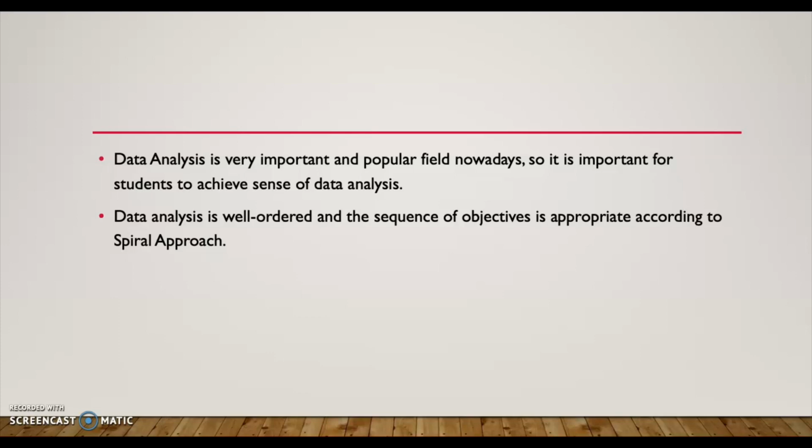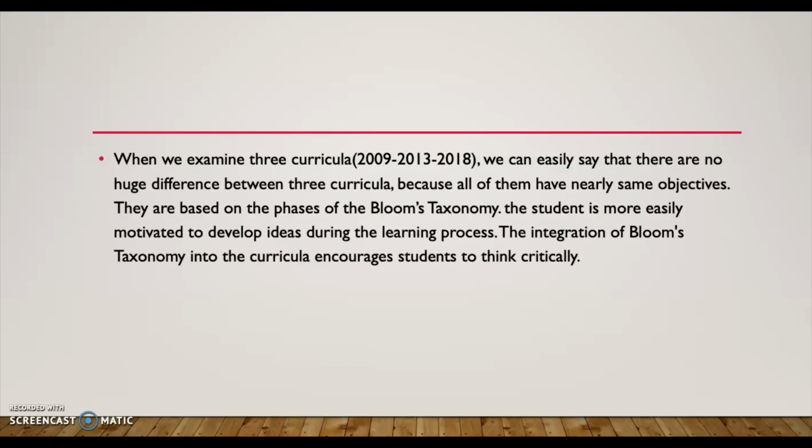In seventh grade, types of charts differ, such as pie chart and line chart, and students also make transformations among charts. When we look at the eighth grade, the number of different data sets is 3 because students' ability for abstract thinking increases. It is appropriate for students to increase data numbers. Therefore, data analysis is well ordered and the sequence of objectives is appropriate according to the spiral approach.